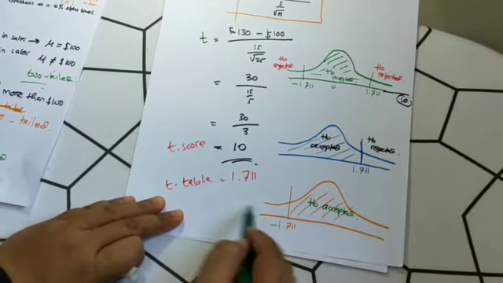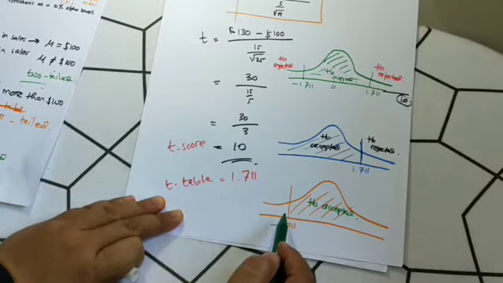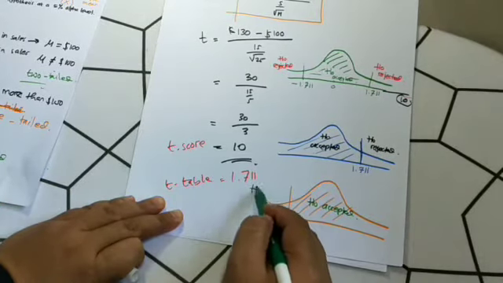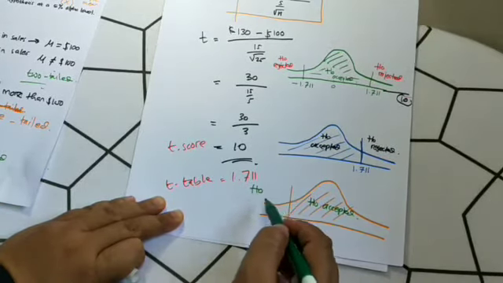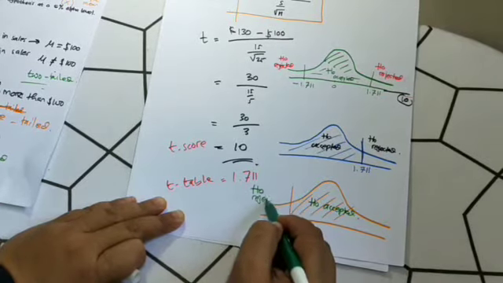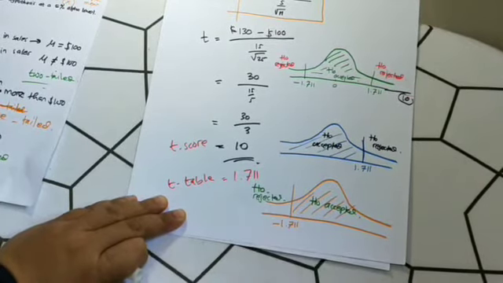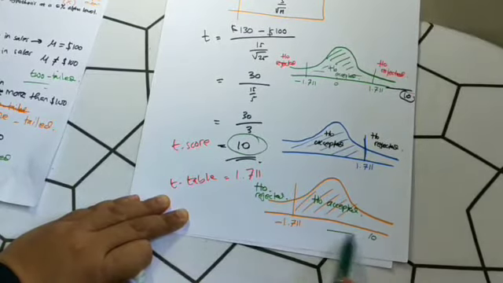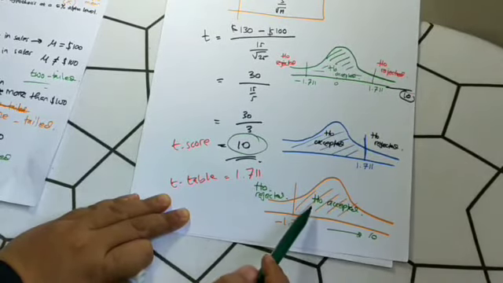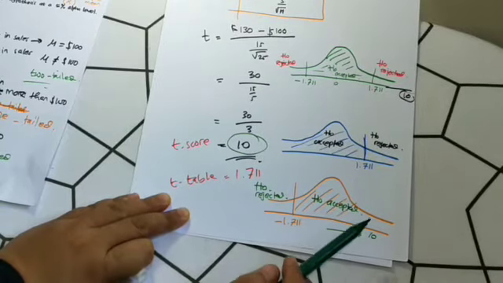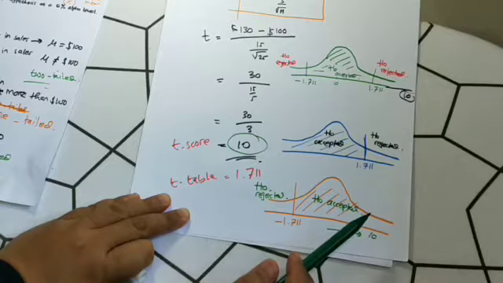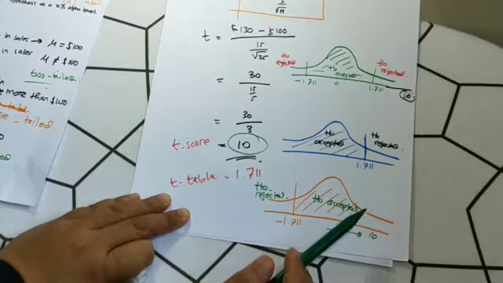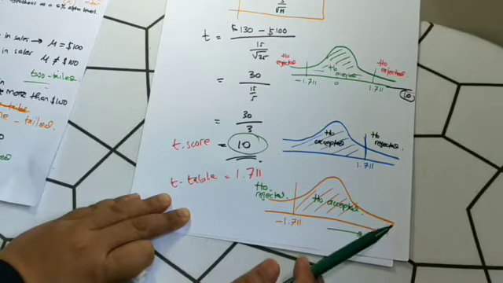But if your t-score is here, it means the null hypothesis is rejected. And you can see that your t-score is 10, and 10 is far away there. It means your null hypothesis is accepted, which is that the sales are not less than $100.